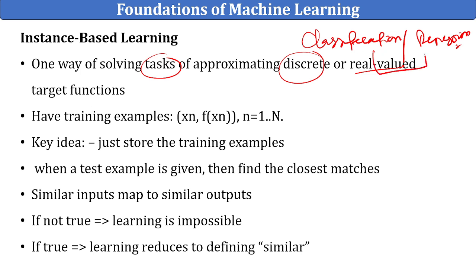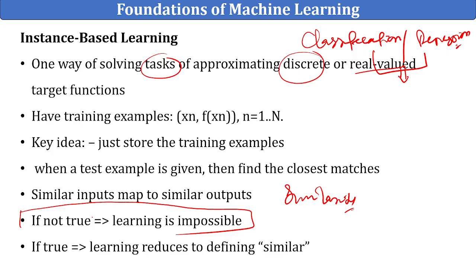For that we have different models. It's based on similarity. If there are no similar inputs mapping to similar outputs, then learning will be impossible.